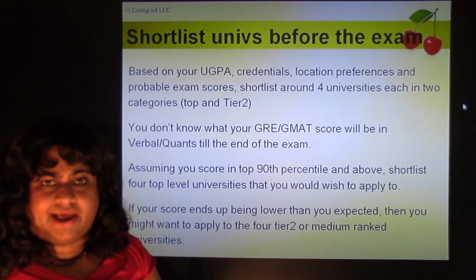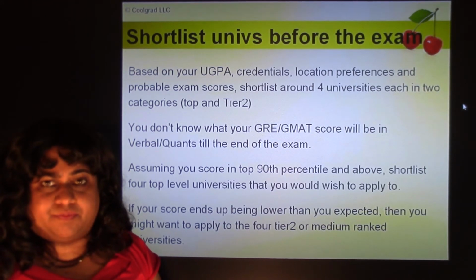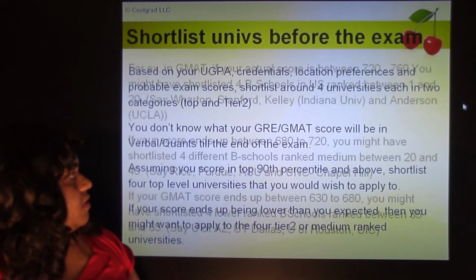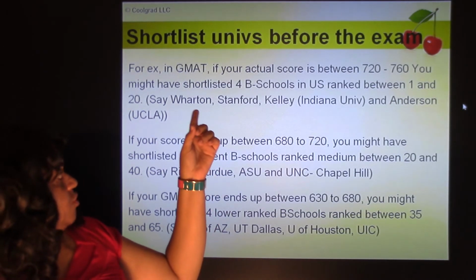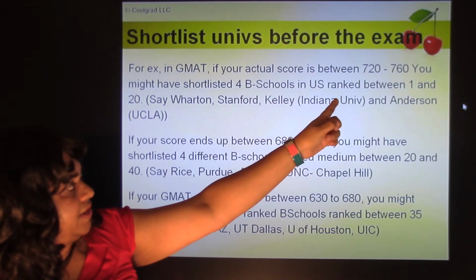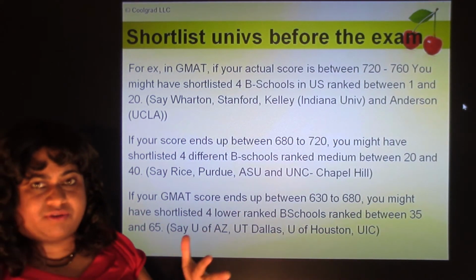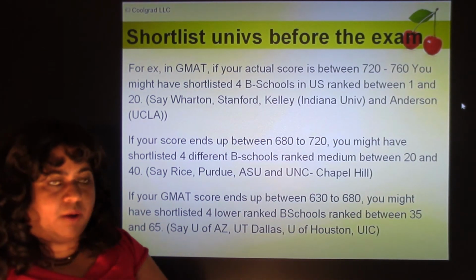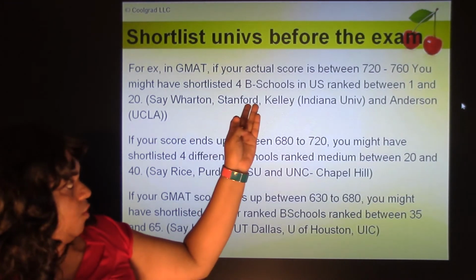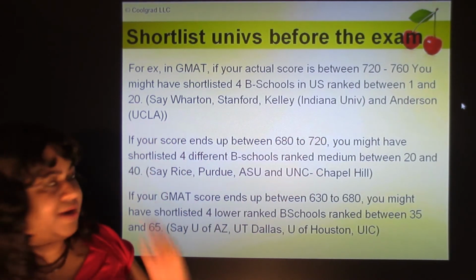So you don't know what your actual GMAT score will end up to be, right, till you actually give the exam. So suppose you get a GMAT score between 720 to 800 or 720 to 760, for example. You want to apply to 4 B schools in the US ranked between 1 and 20.